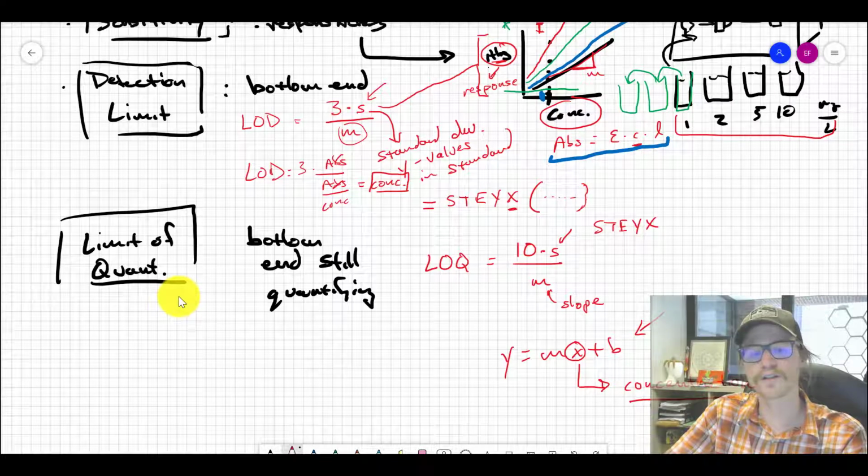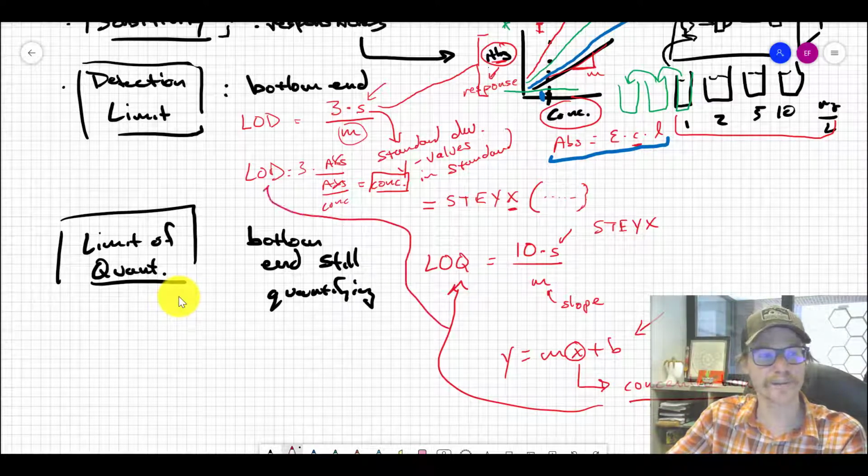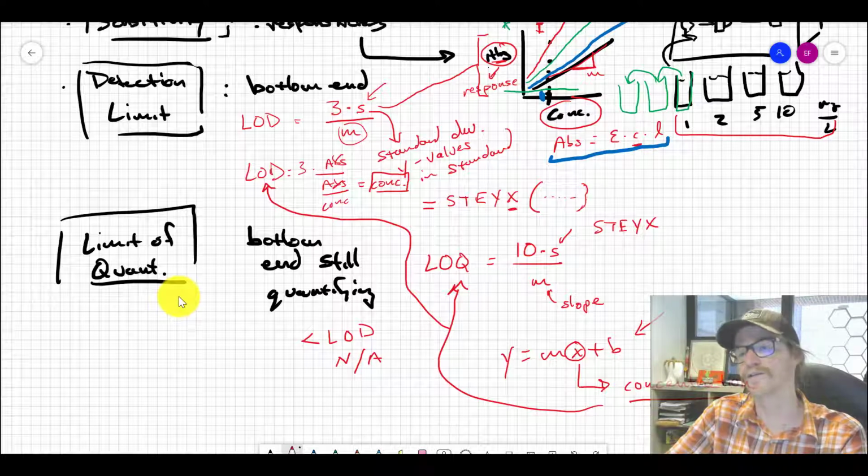What you then need to consider is, is my concentration in excess of my limit of quantitation? If it's not, then it's a non-quantifiable number. Is it in excess of your limit of detection? If not, then it's a non-reportable number. In that case, we would report it as less than LOD, or sometimes people would say NA, because you couldn't quantify or measure that value.